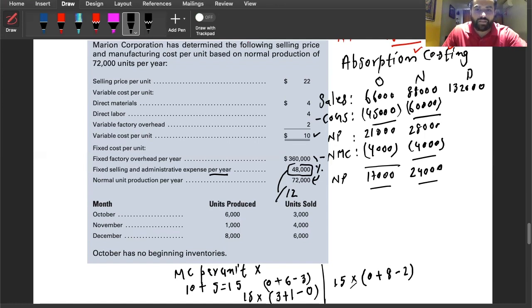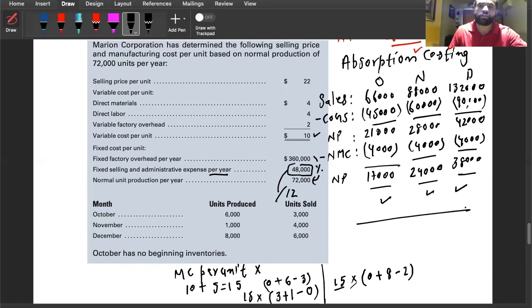So 6,000 multiplied by 15 is 90, right? So how much is gross profit? 42. Non-manufacturing is the same, 4. So net profit is 38. That's absorption costing for 3 months.